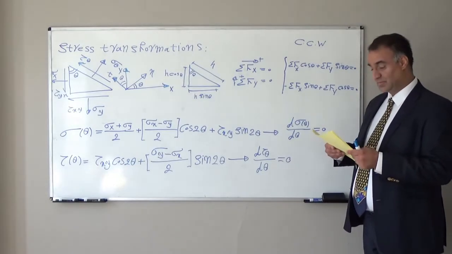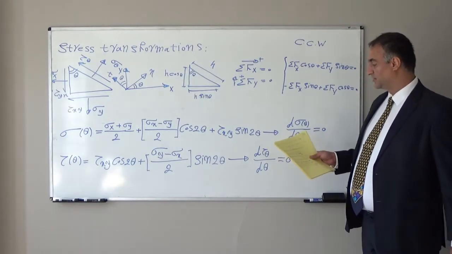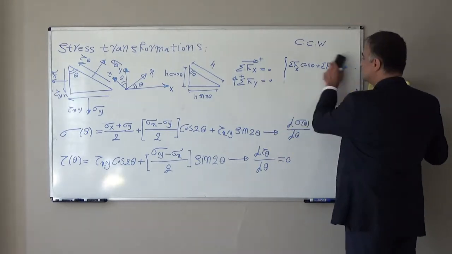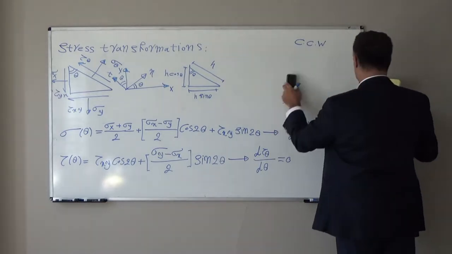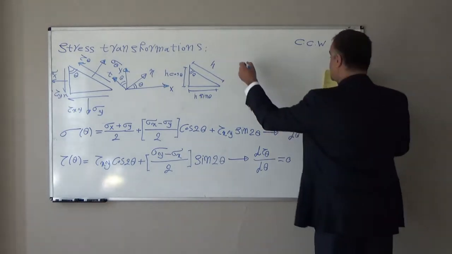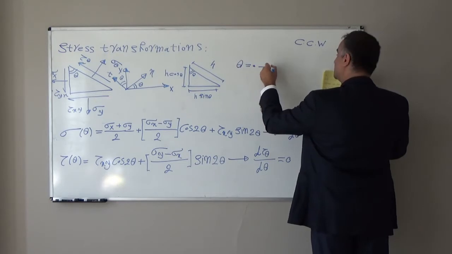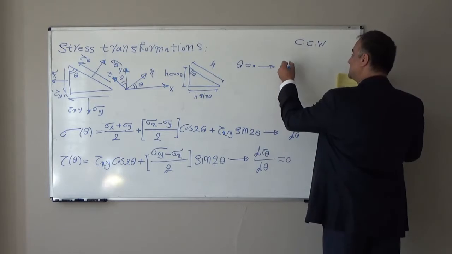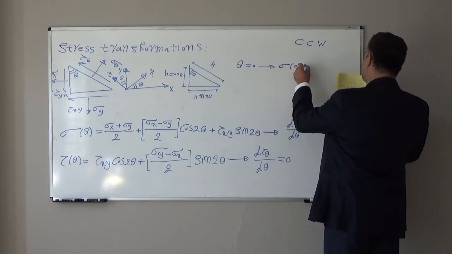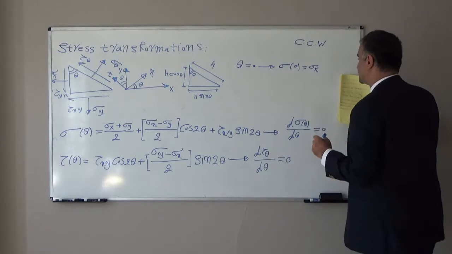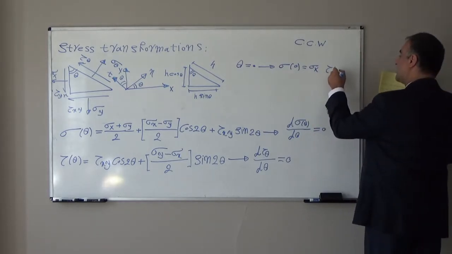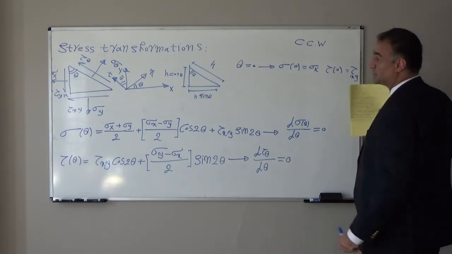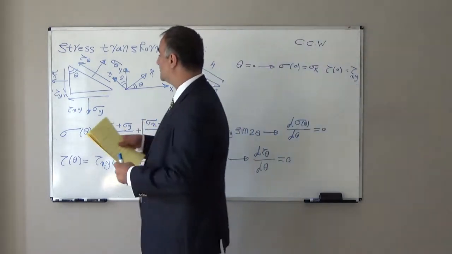But before doing that, let's look at this formula. If in these equations we put theta equal to 0, you will see sigma theta will be equal to sigma x, and tau theta will be tau xy, which is right for theta equal to 0.